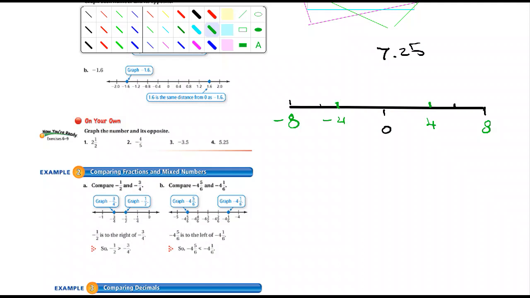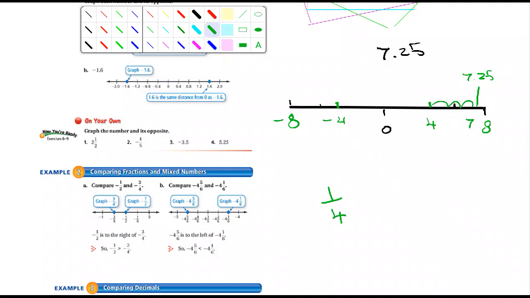Okay. And then from there he went 4, it would be 5, 6, 7. And so right here would be 7, but it's 7.25, and then he'd just do it right next to it, and he put 7.25 because that's a little bit more than 7. In fact, 0.25 is the same as 1/4.